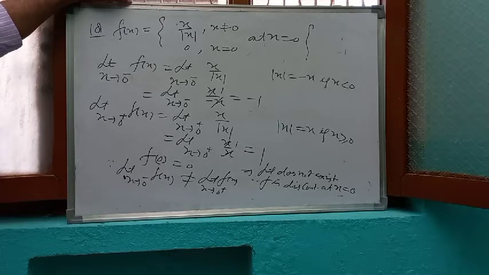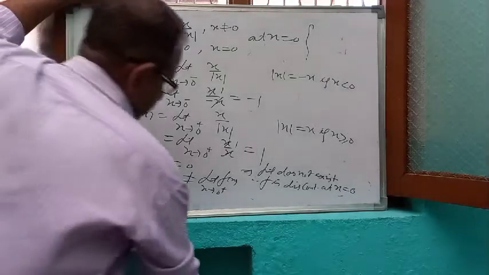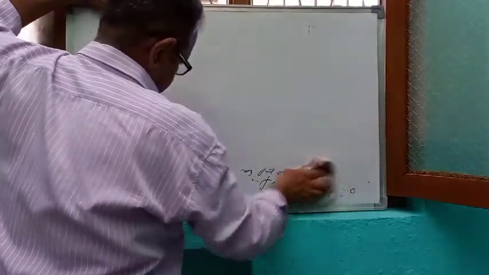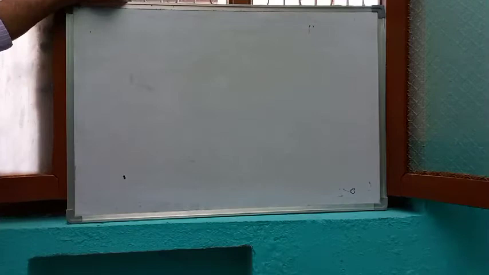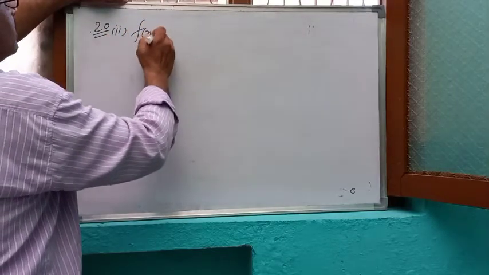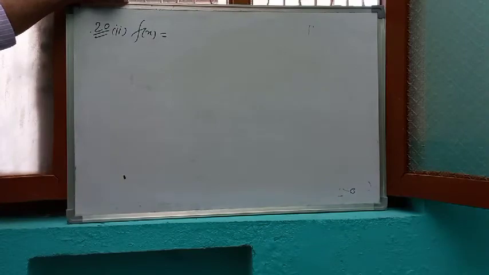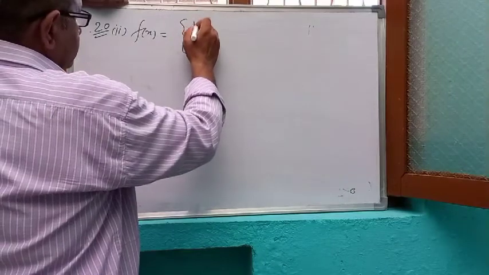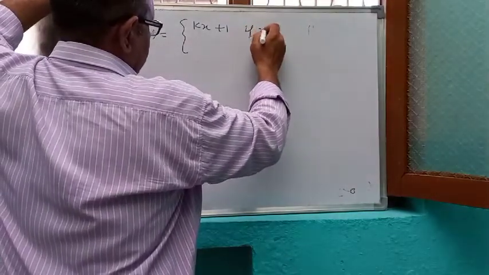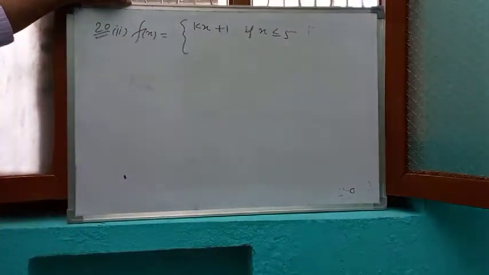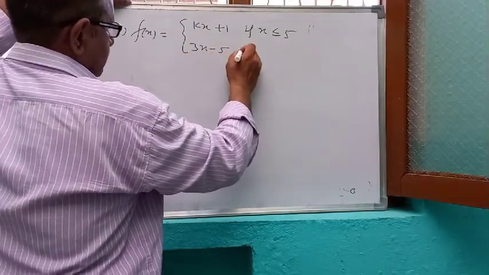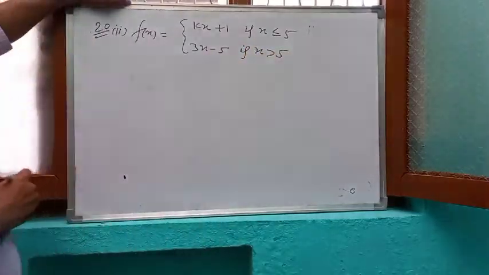Now see question number 20, second part. f(x) is equal to kx + 1 if x is less than or equal to 5, and 3x - 5 if x is greater than 5.